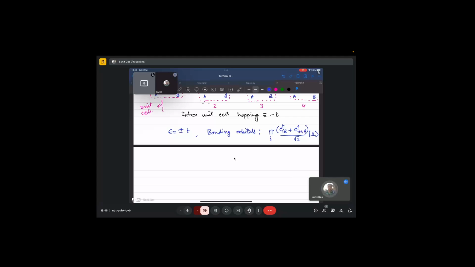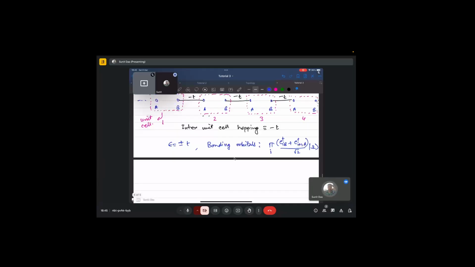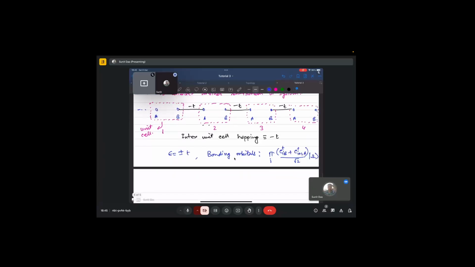So the only change that I made is that now there is a C_{i+1}. So this is the ith unit cell, and this is the (i+1)th. The ith unit cell's B atom is interacting with the (i+1)th unit cell's A atom, so C_iB dagger corresponds to this atom, and C_{i+1}A corresponds to this atom. The rest of the things remain the same.